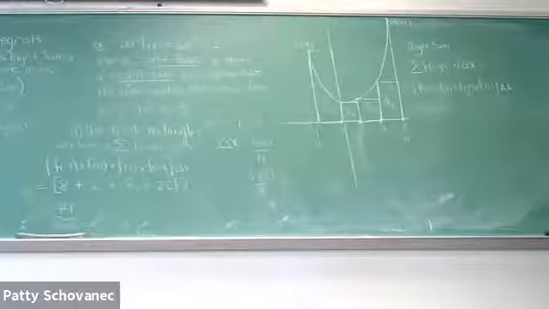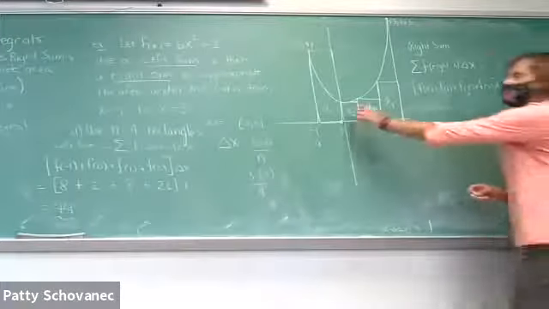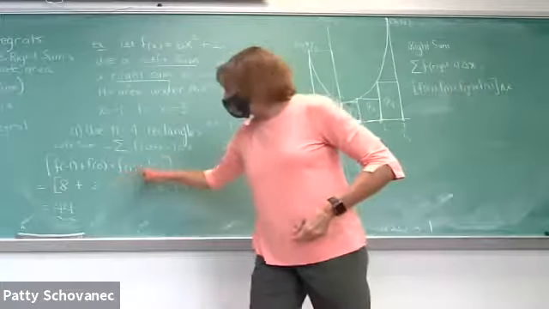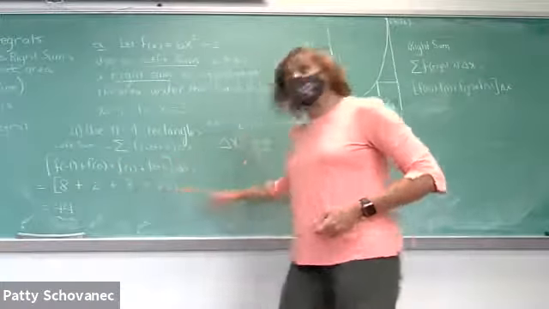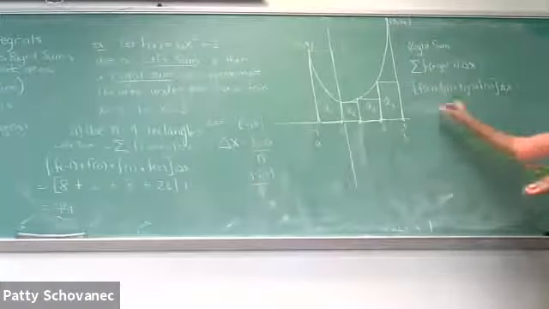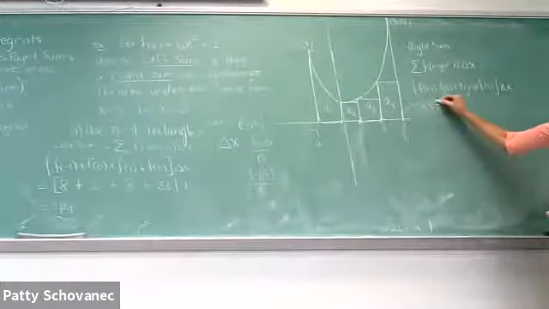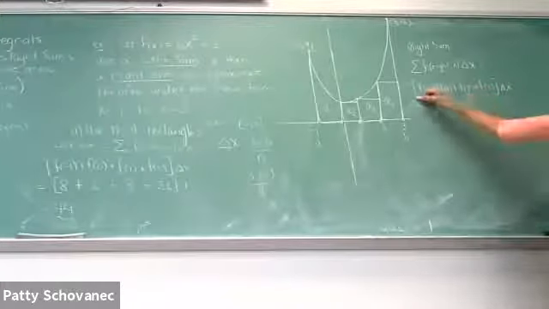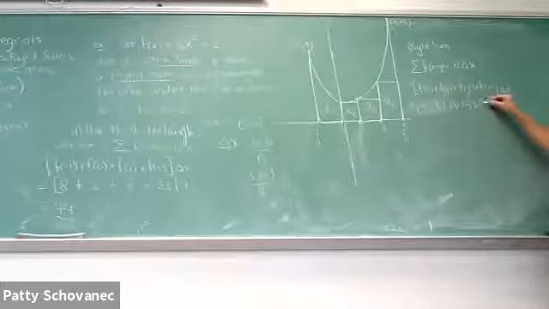There we go. So f of 0 was 2. So we're going to have 2 plus 8 plus 26 plus 56. I'll multiply by our delta x, which in this example is 1.